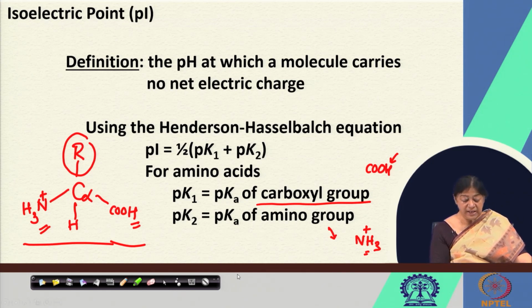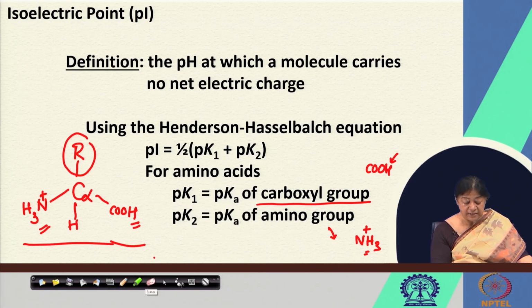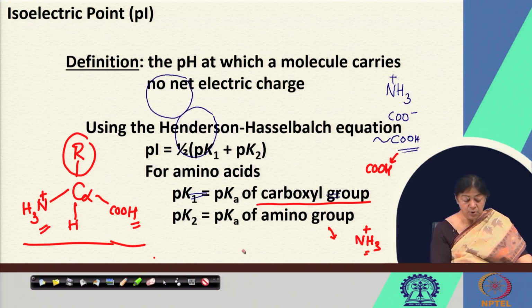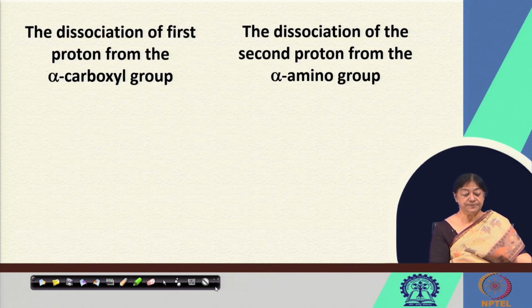If we try to understand this further, we will have to see what we mean by these basic characteristics. So, let us look at the next set and try to understand what this amino acid characteristic is.